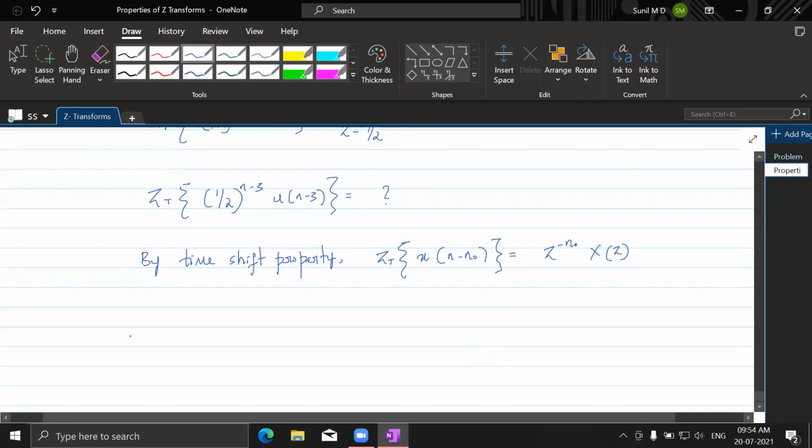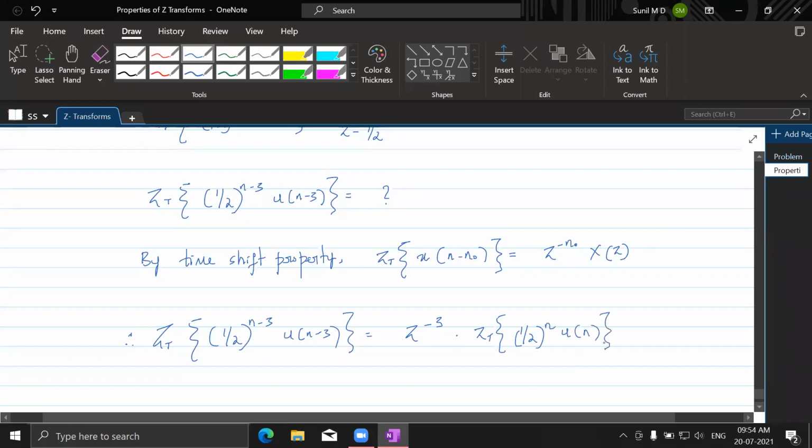Therefore, the Z transform of half power n minus 3 u of n minus 3 is z to the power minus 3, because the shift is minus 3, into the Z transform of the basic signal, half power n u of n.